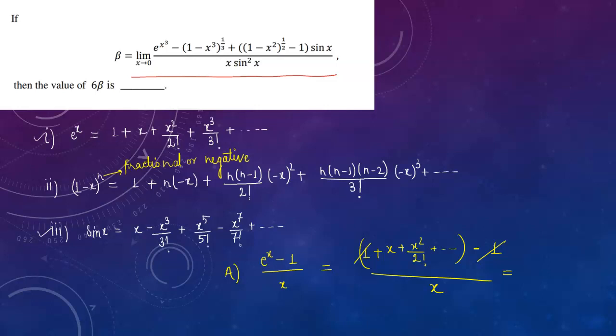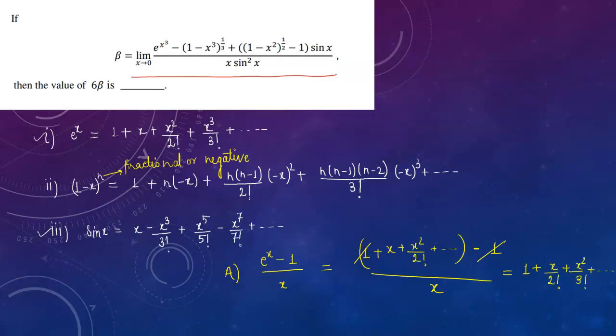So at last it will result in 1 plus x by 2 factorial plus x square by 3 factorial and so on.